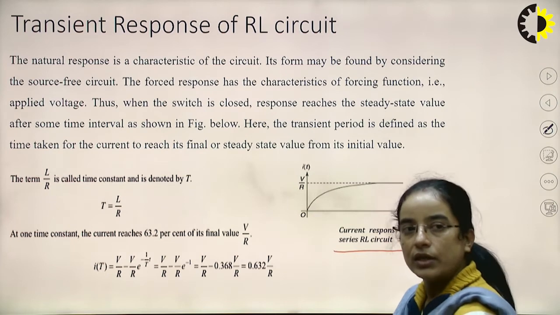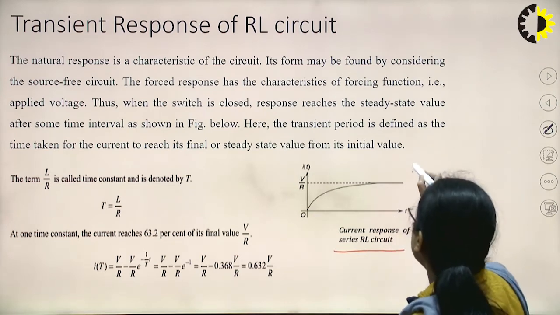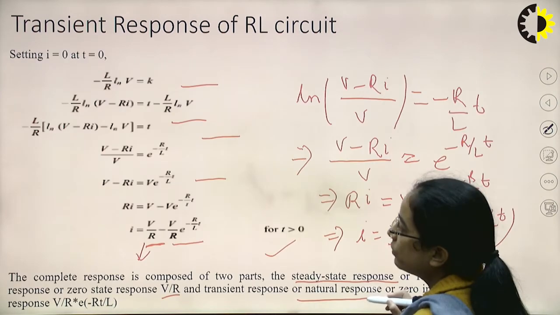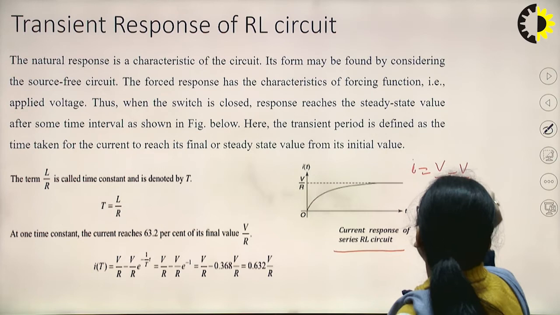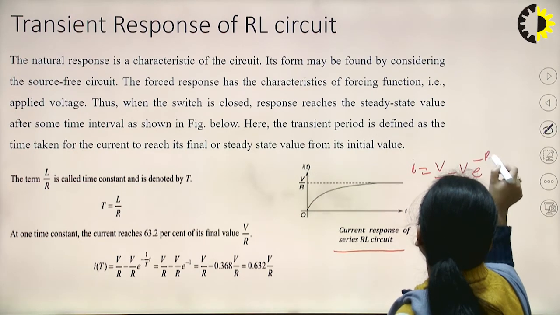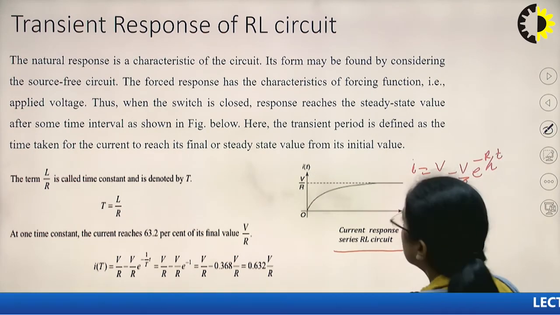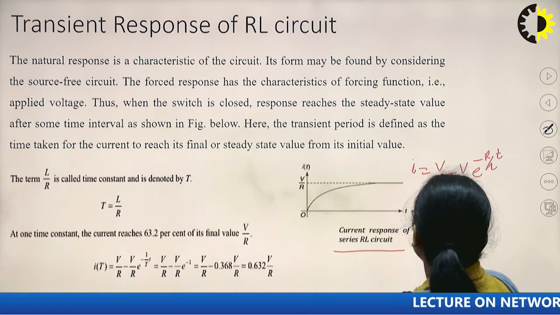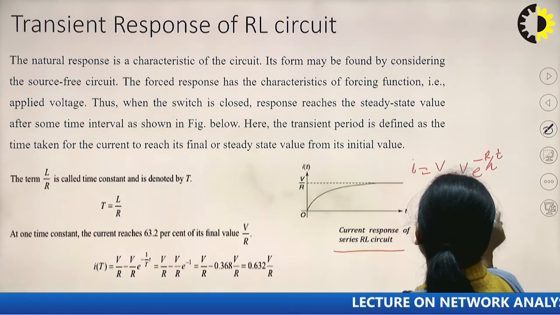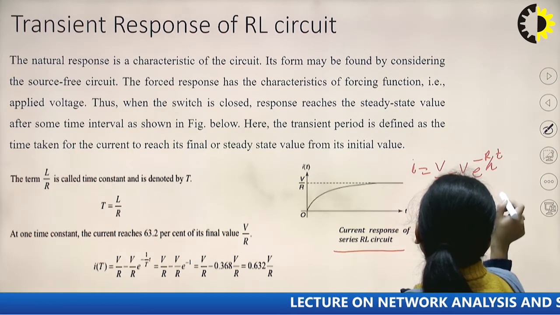So the equation was V by R minus V by R e to the power minus R by L into T, which we had written as V by R (1 minus e to the power minus R by L into T).